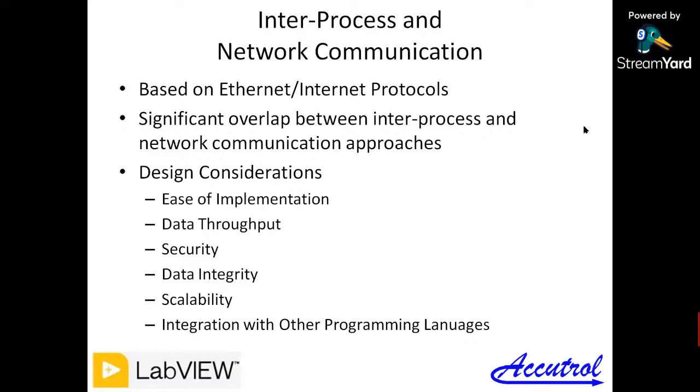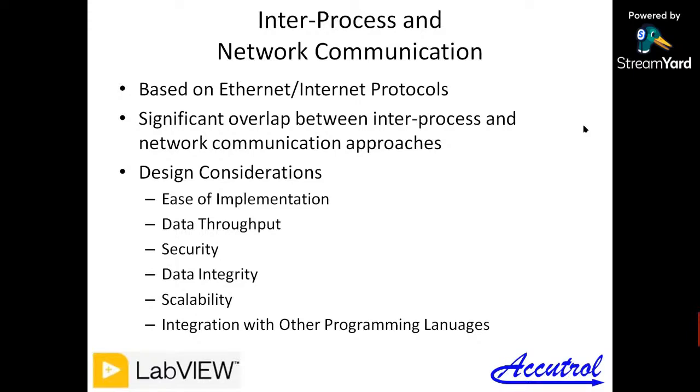There's significant overlap between inter-process and network communication. It used to be that the division between those was a lot bigger than it is today. Today, anything that can work inter-process also works in a network setting, so we're not going to really care about that distinction.